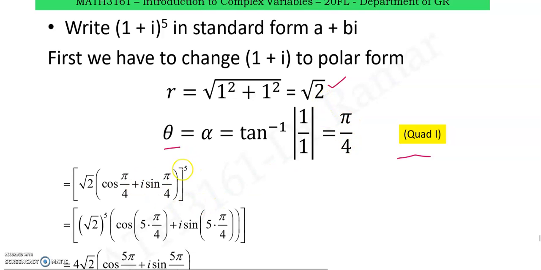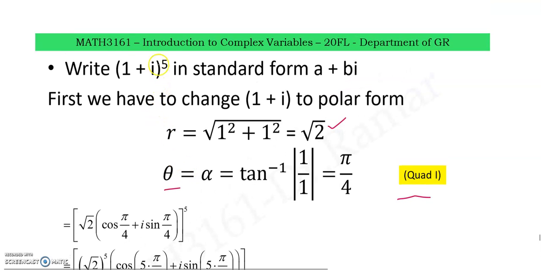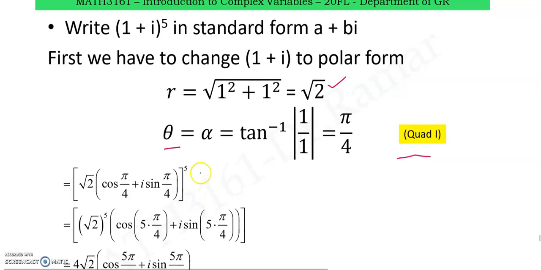So we write the polar form first: root 2 times cosine theta plus i sin theta. Then apply the power 5, because the complex number is to the power 5. By de Moivre's theorem, put the degree on root 2, and put this 5 with the angle: cosine 5 pi over 4 plus i sine 5 pi over 4.